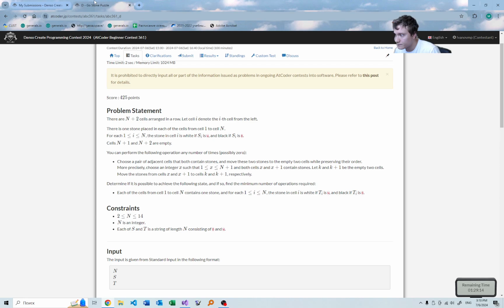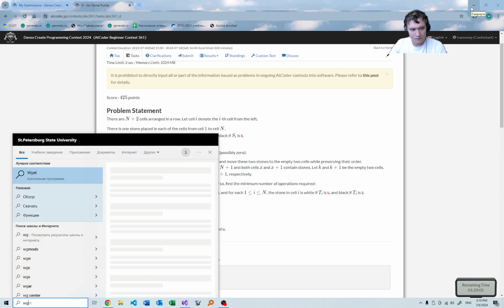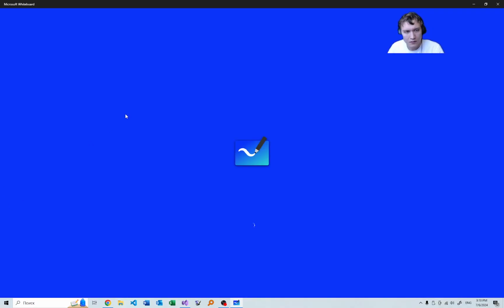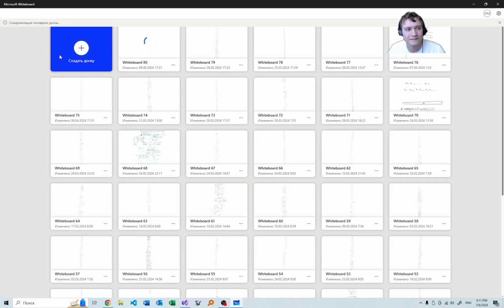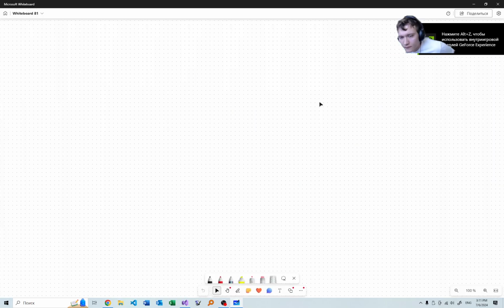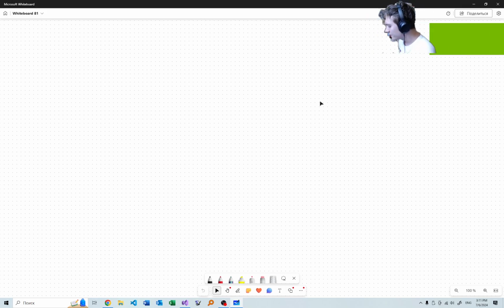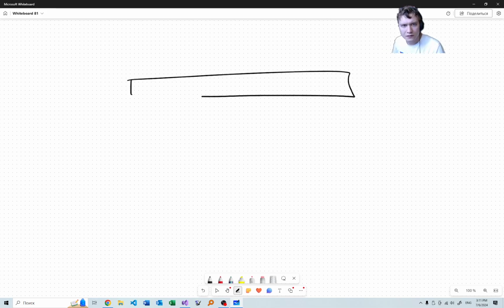Actually, the tablet does not work. Ah, it works. Okay. So we have a line of length n+2, and in each of the cells there is a stone.